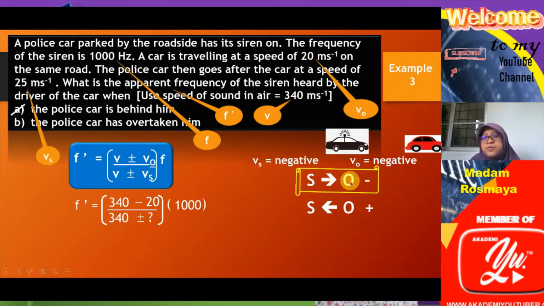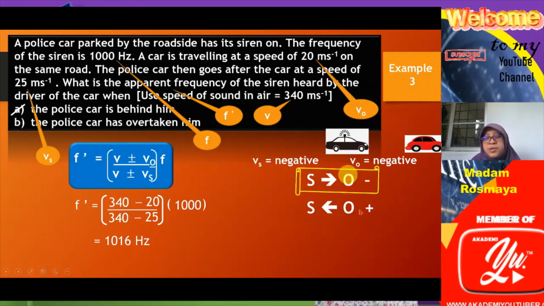It moves towards O, so we use the first relation, which means minus Vs. So we substitute minus 25, since 25 is given for Vs. The answer is 1016 Hz.